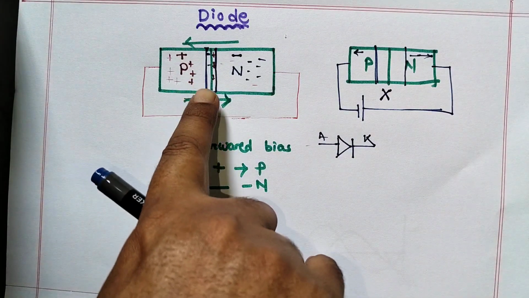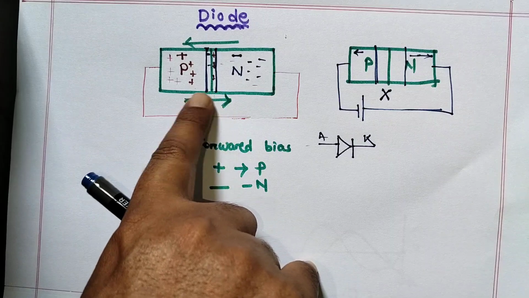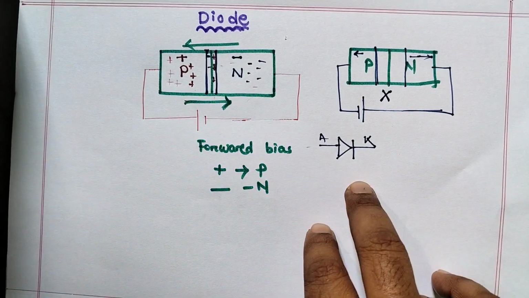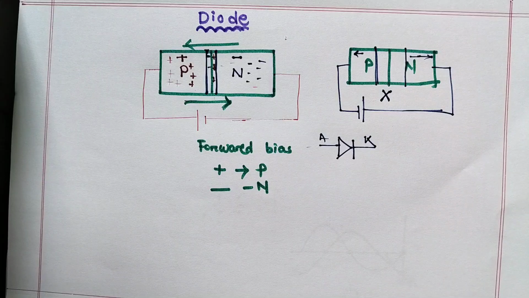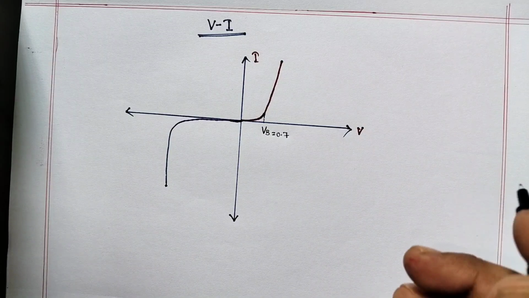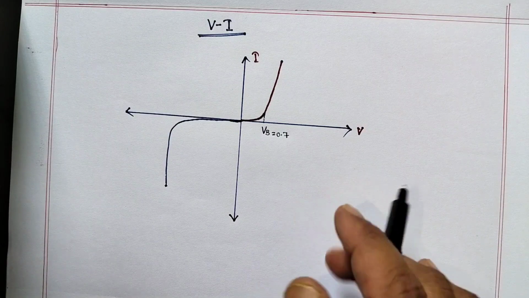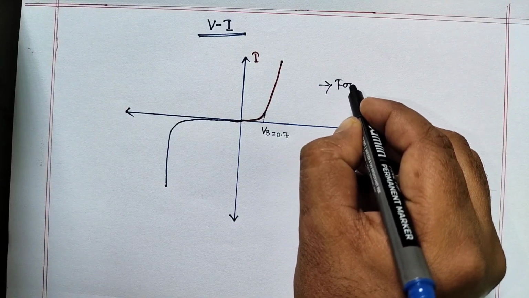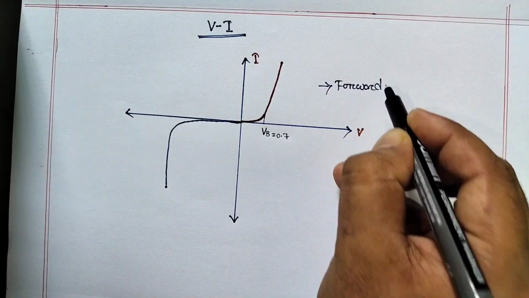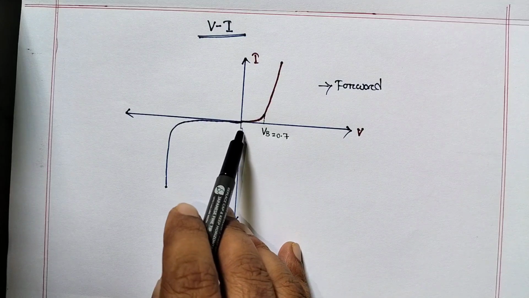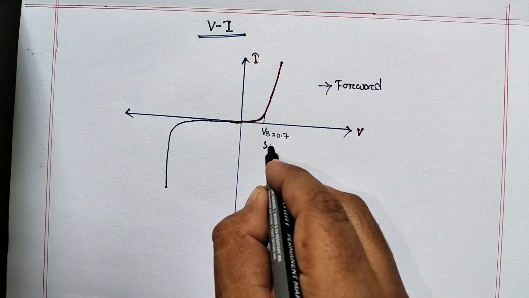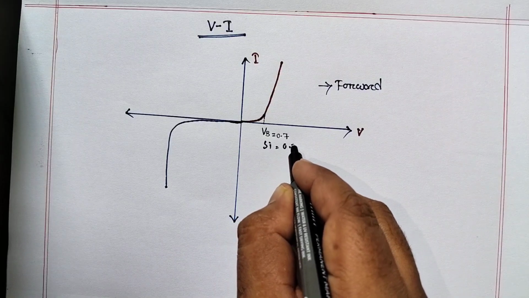Depending on how much voltage we apply, it will break down and allow the current to flow. We can check that condition by the VI curve. This is the VI curve. Here you can see this region is called the forward bias. What happens in forward bias? In the case of silicon, this is the 0.7 volt breakdown voltage.